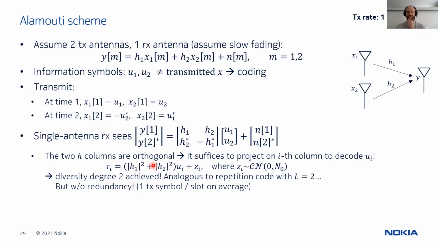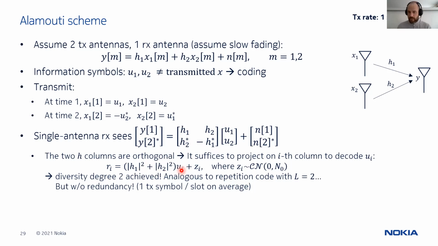So it's as if we had 2 repetition codes on 2 slots, where each symbol sees 2 different realizations of the channel. We achieved what is called diversity degree 2, because each transmitted symbol has seen 2 different realizations of the channel.